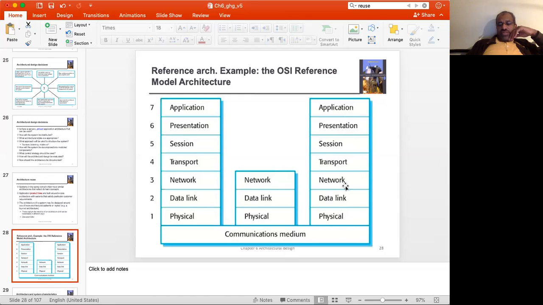So we have these seven layers, and the changes in any one of them would be limited to that layer and the one directly above it or directly underneath it.